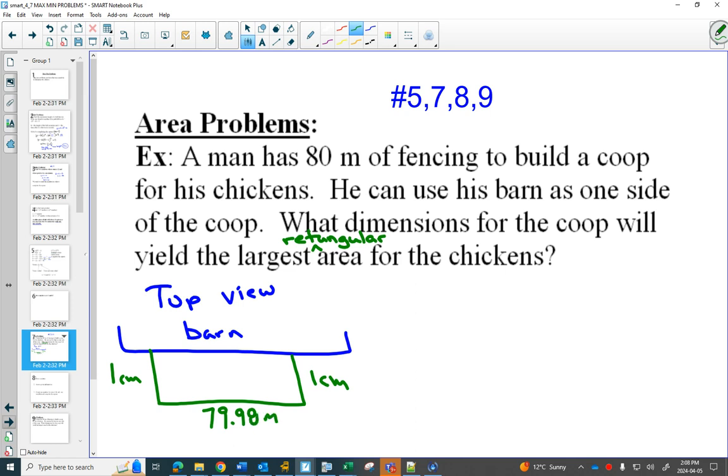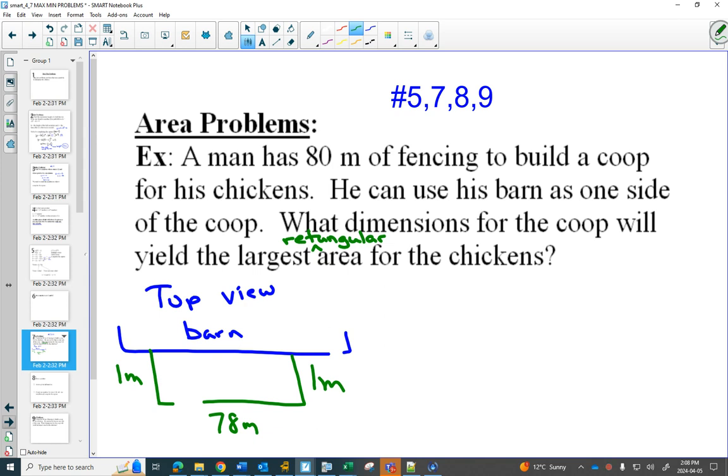See, we have to have really skinny chickens for them to move along that fence. They'd all get stuck in there. Okay, that's really bad. Maybe we'll make it almost as bad, but we'll start with 1 meter here, 1 meter here, 78 meters left.